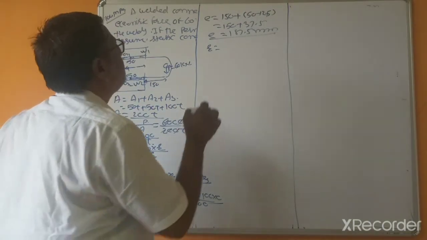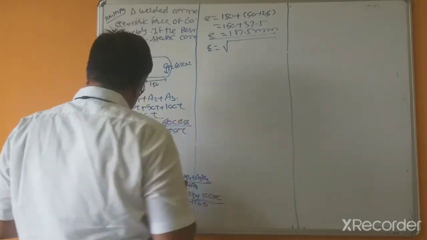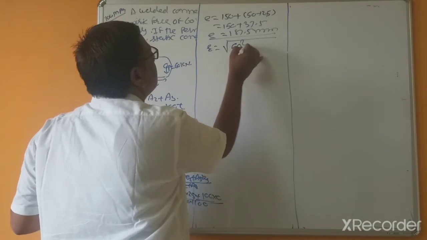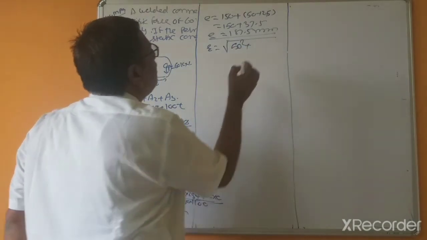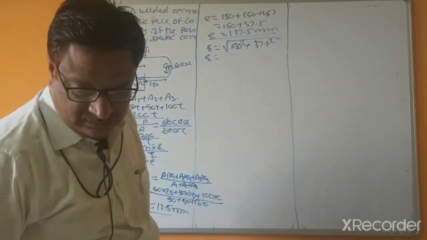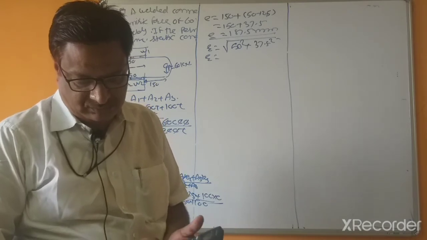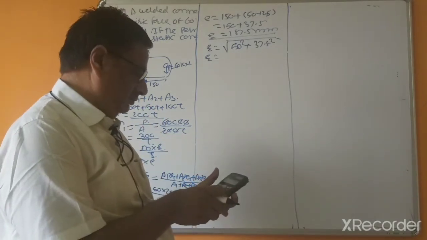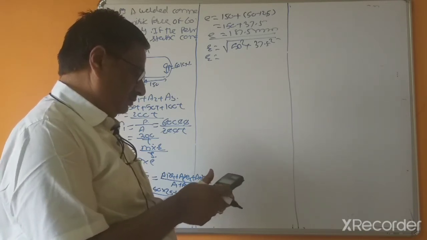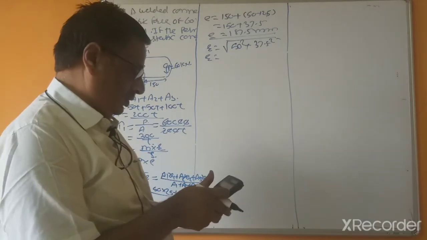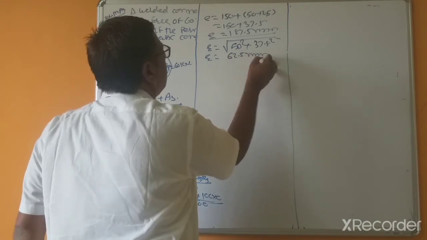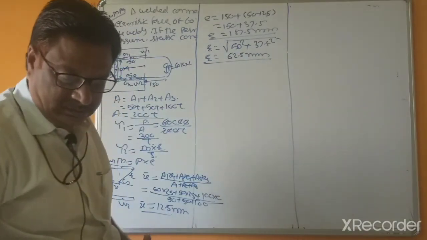Because this distance is 50, the 50 squared plus this distance 37.5 squared, equal to this is 62.5 mm. This is clear?